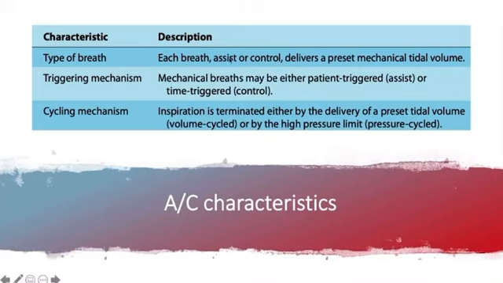If the patient triggers or the time triggers, it will give the patient a preset mechanical tidal volume. The triggering mechanism is either by the patient assisted or the ventilator time trigger. The cycling mechanism is terminated either by delivery of a preset tidal volume or by high pressure limit.